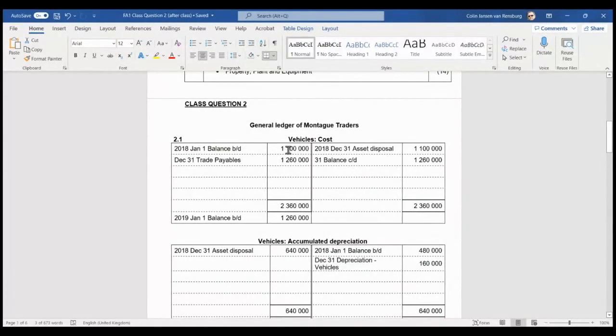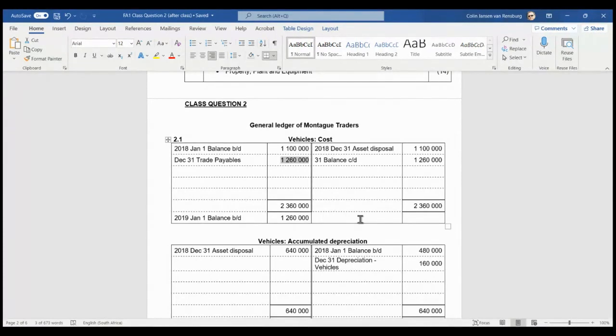So at that point in time, before we acquire the new vehicle, the balance on that account is 0. And then in our very last transaction, we saw that we acquired a new vehicle. We debited the vehicle's cost with 1.26 million rands, ladies and gentlemen.